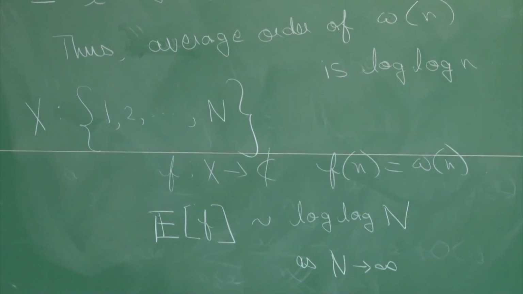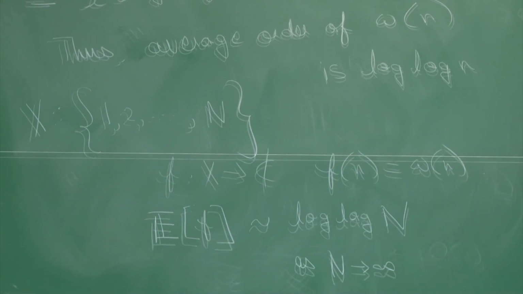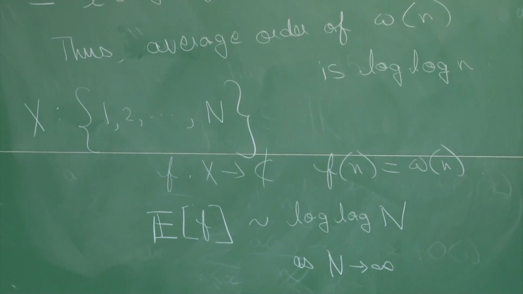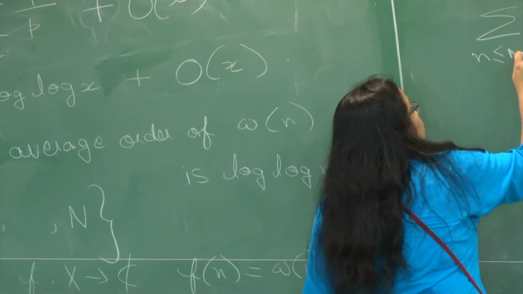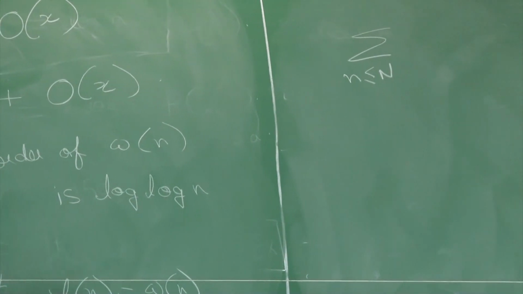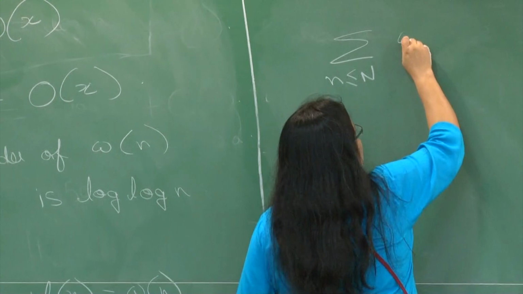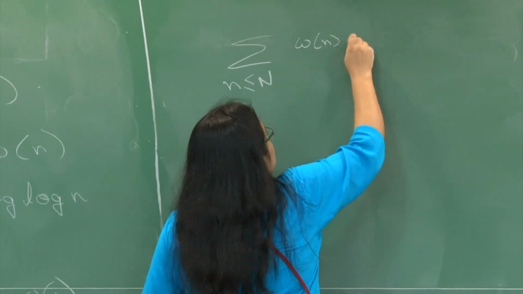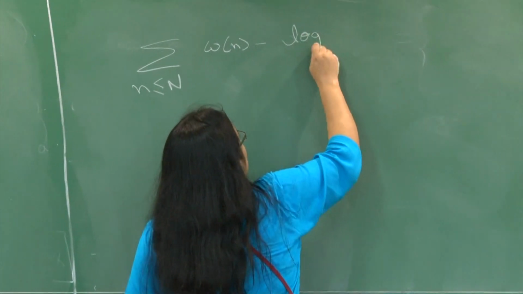And so it leads to the question about what is the variance. So, now the question is, what is the variance in the asymptotic sense, for n less than or equal to capital N. So, what is omega of n minus log log n?